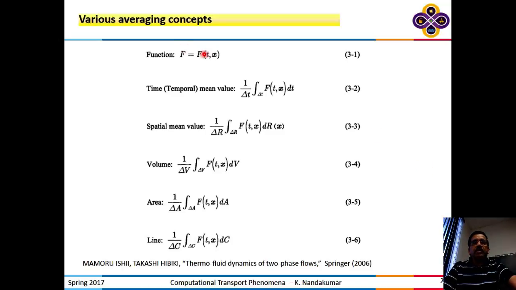So here are some of the concepts of what averaging is. If you give me a function f, that's a function of time and x, okay? I can integrate that function over a delta t period and divide it by delta t, and that is the time averaged mean value. Okay? Essentially what I'm saying from that equation is, take the area under the curve over a certain delta t.